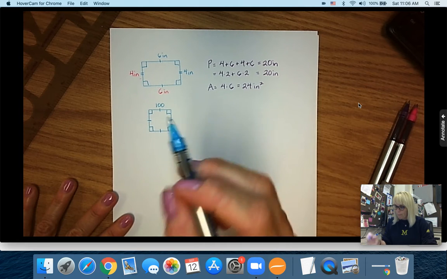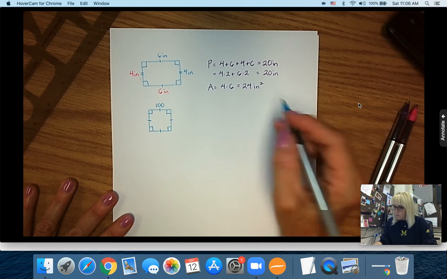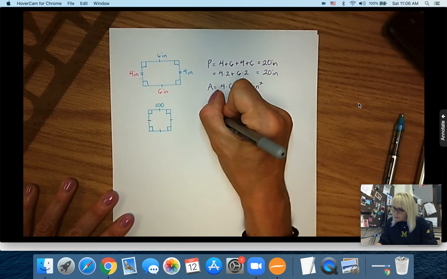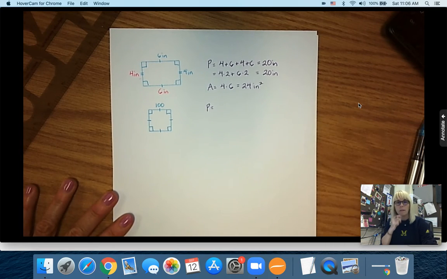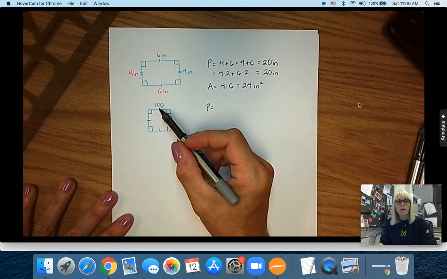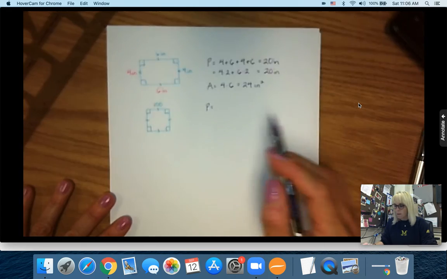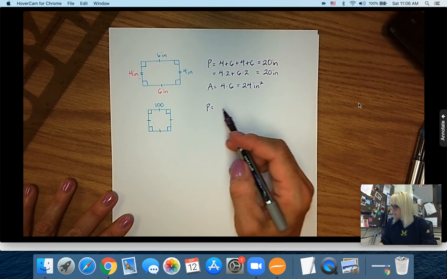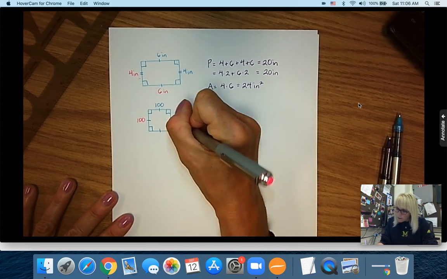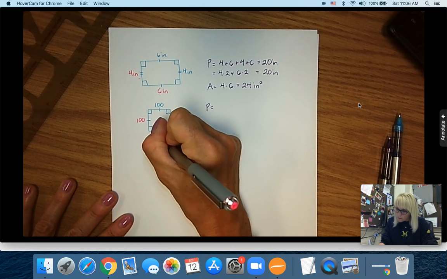Okay, we are back. So to find the perimeter, which again is the amount of fence you would need to enclose this figure, I need to add the 4 sides together. Well, I only know one of the sides is 100, but since they all have the same congruence mark, I know that if one of the sides is 100, all of the sides are 100.